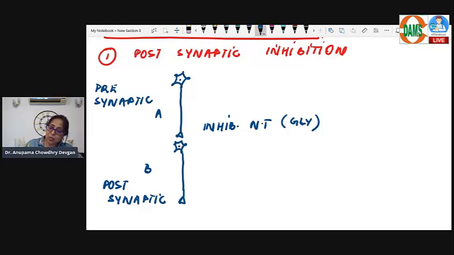And glycine will now cause an IPSP in B. What is IPSP? Inhibitory postsynaptic potential, which is a hyperpolarizing local potential in the postsynaptic neuron. So in other words, the presynaptic neuron releases an inhibitory neurotransmitter, which is usually glycine.